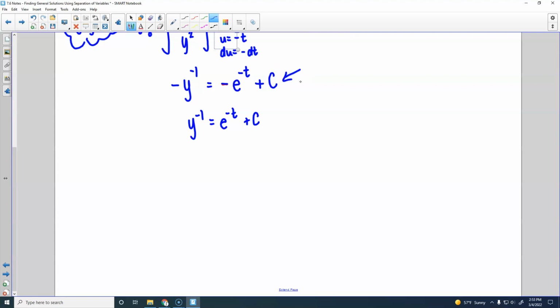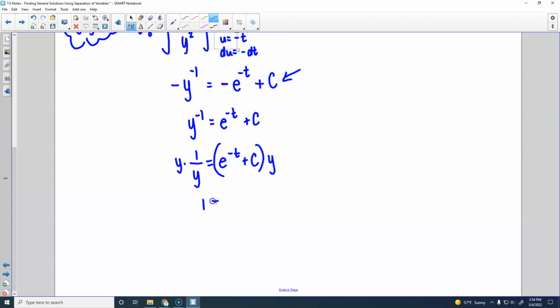But if they ask you to solve it for y, I'm going to think about y to the negative 1 as 1 over y. Multiply both sides by y, because we cannot solve for this whenever y is in the denominator.